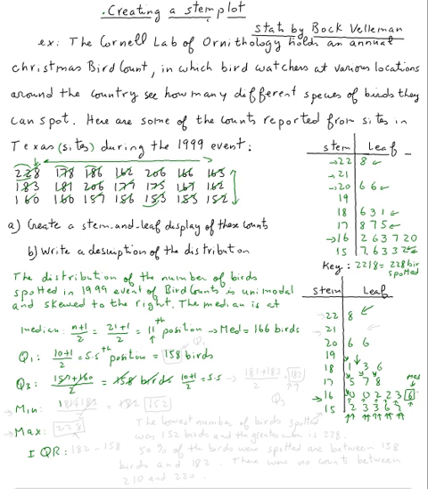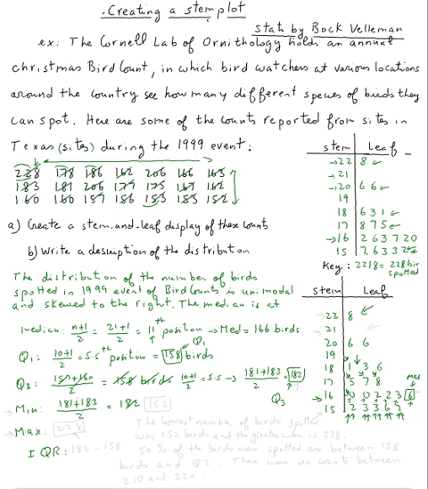So 181 plus 183 over 2, which is 182. So this is Q3, 182 birds. This is Q1.